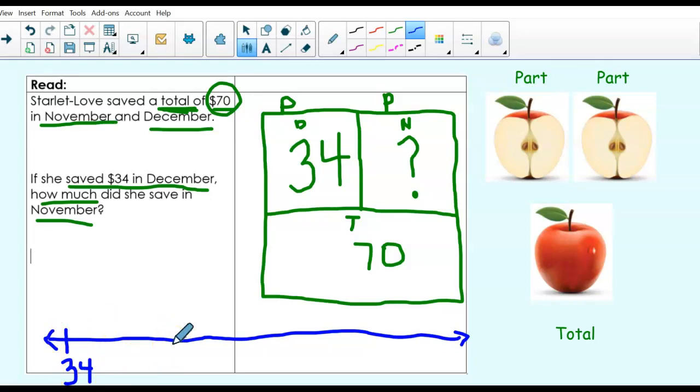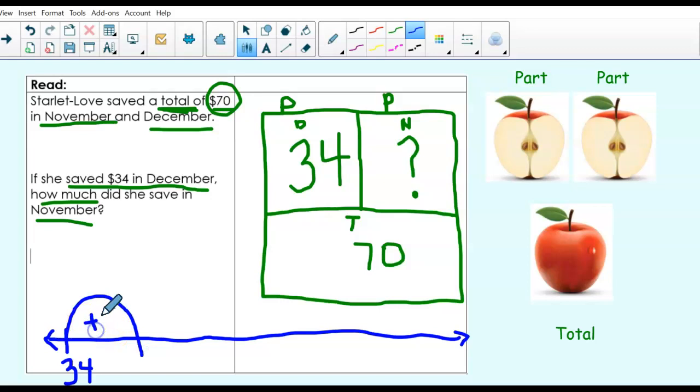That means it's not easy to skip count from 34. We do know that numbers with 5 or 0 in the ones place are friendly numbers. So let's make a ones place jump.